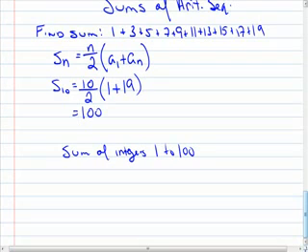I can't remember what age he was, but he was very young. Gauss, the guy that came up with that elimination stuff that we did last week, he was being a pest, and the teacher told him to go to his desk and sit down and add all the numbers up from 1 to 100. And very early on in doing this, he realized that you could pair those up.